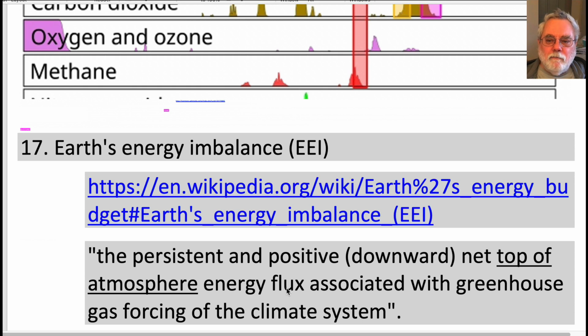Downward minus upward radiation at the top of the atmosphere. Adding, associated with greenhouse gas forcing of the climate system, makes the definition sound confusing to me. It sounds like some net flux gets subtracted out.